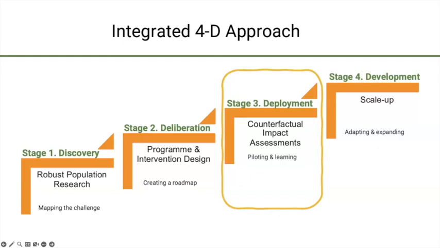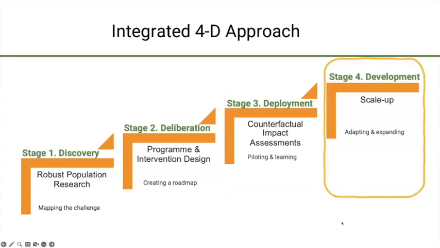It creates counterfactual impact assessments to make sure that these pilots and these interventions are indeed transformative, that the research was good and robust, that the deliberation was on point and evidence-based, and that the roadmap and the interventions in the roadmap are implemented and the protocols are working, before we go and invest and scale up these interventions in stage 4, where we adapt, expand, and develop further.